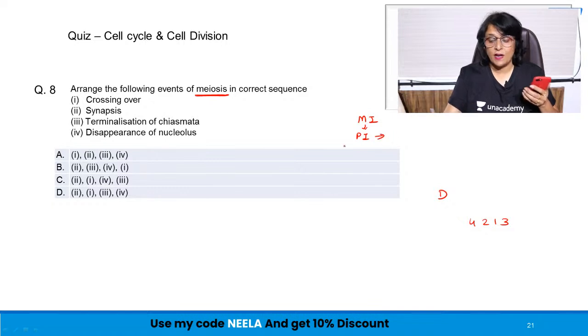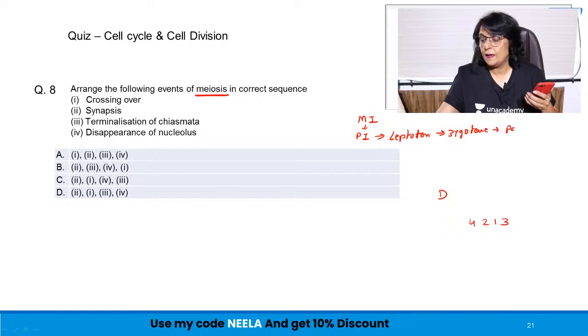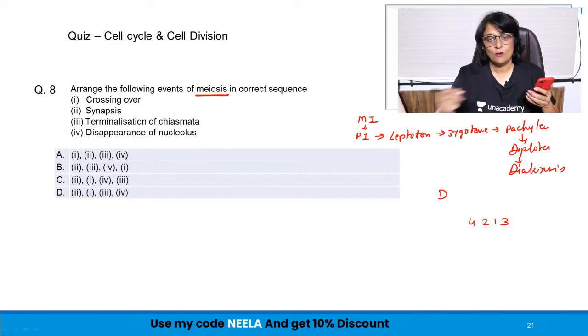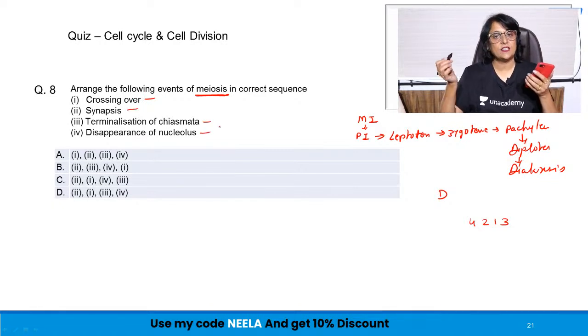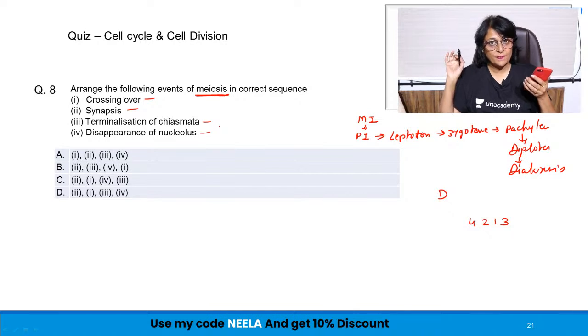In prophase 1, we have leptotene, then zygotene, then pachytene, the next is diplotene, diakinesis. Okay, so now there is crossing over, there is synapsis, there is terminalization and disappearance of nucleolus.